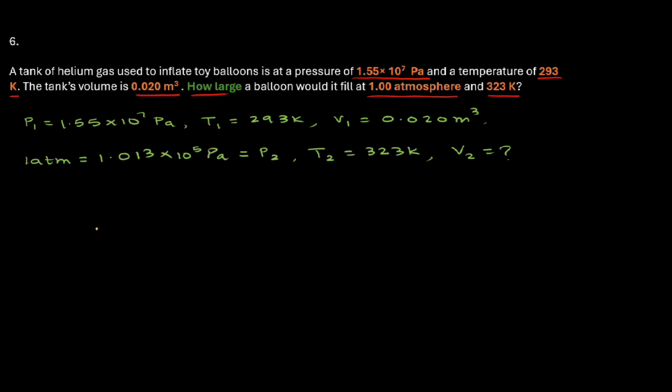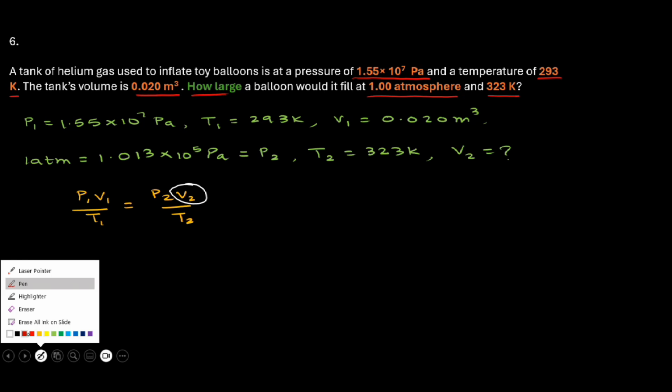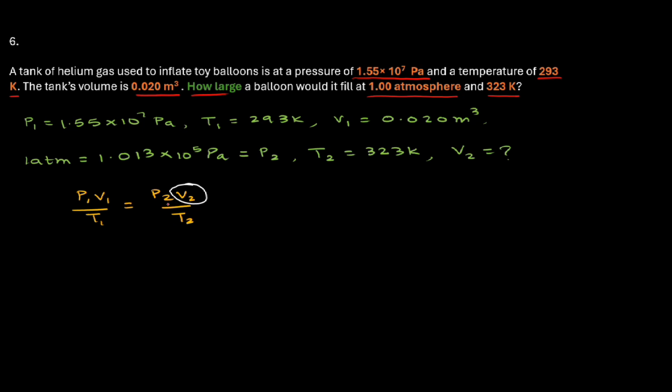To solve this problem, we are going to use the combined gas law, which says P1 V1 over T1 equals P2 V2 over T2, where P, V, and T are pressure, volume, and temperature of the respective quantities. I need to find the volume V2, so I need to get rid of pressure and temperature here.